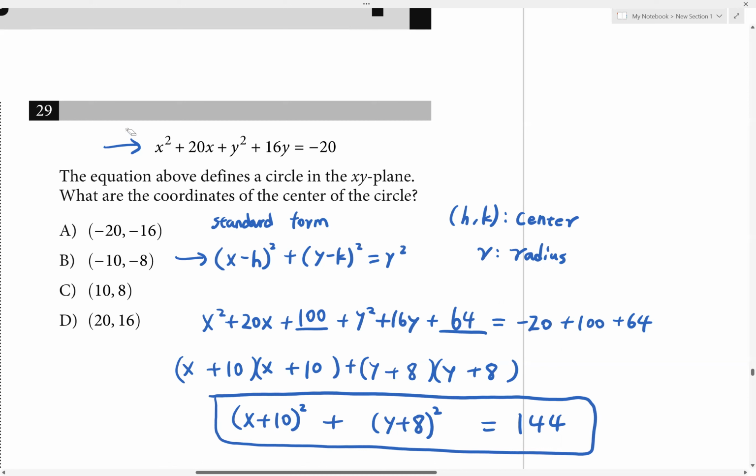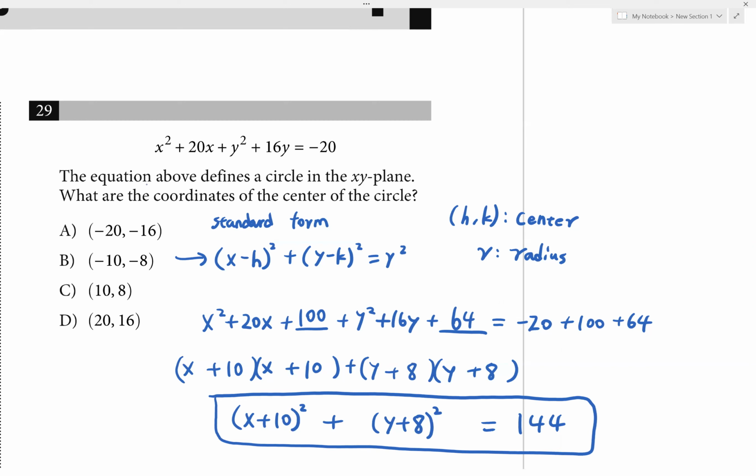Okay, and the question asks, what is the center? They ask us about the center of the circle. So the center will be the h and the k value. We have to look at the numbers inside the parentheses, but remember, it's minus h and minus k, so the h and k values will be the opposite.